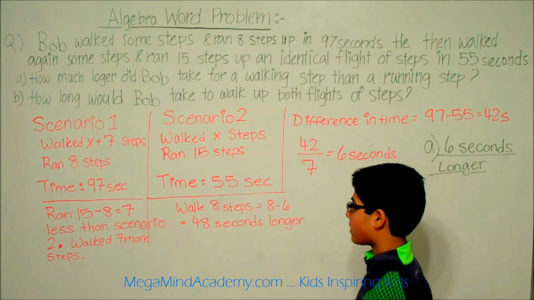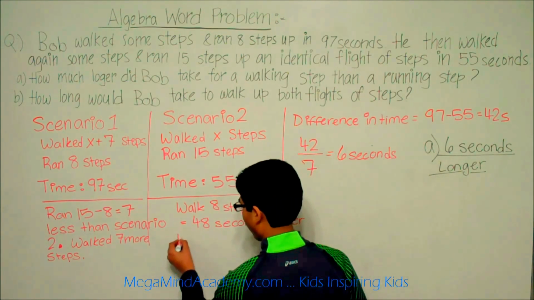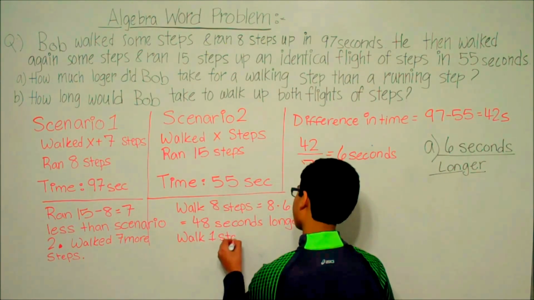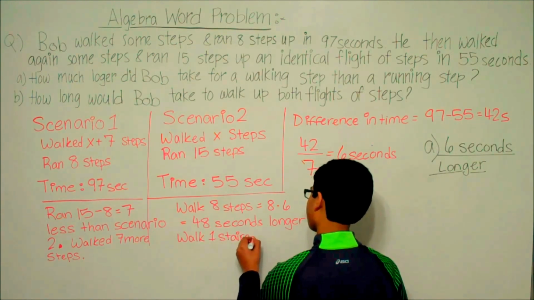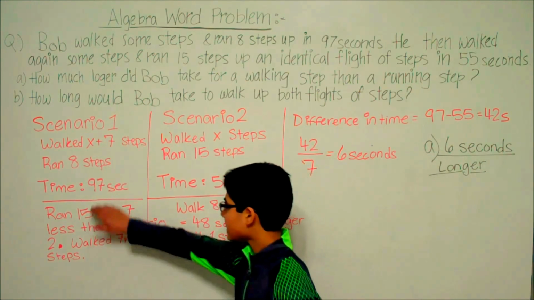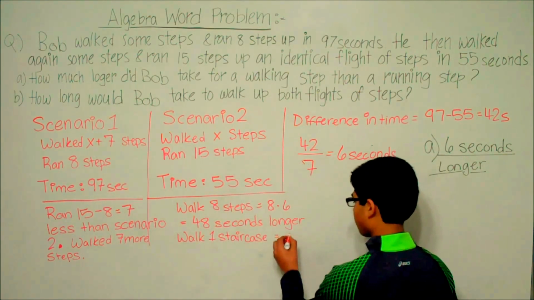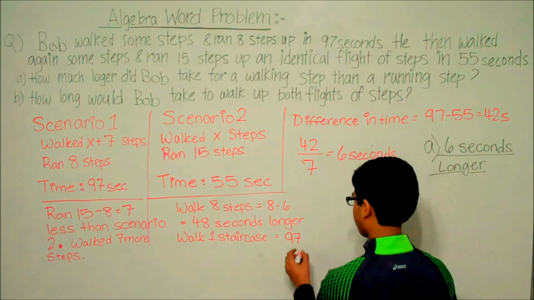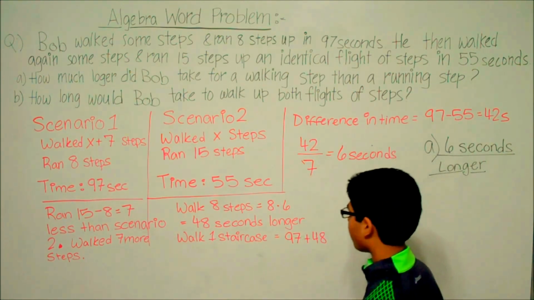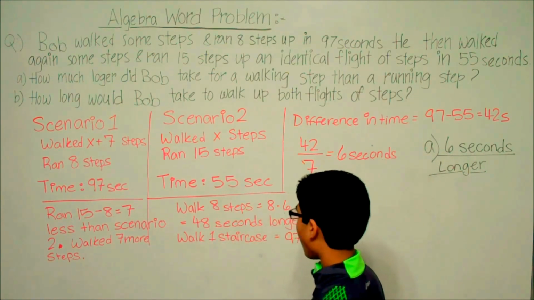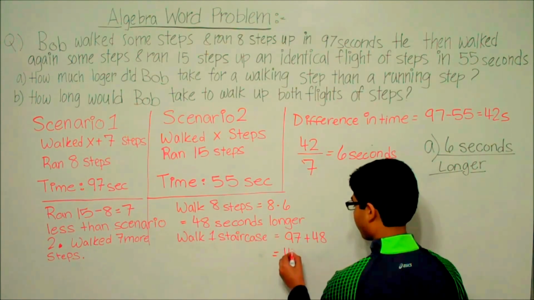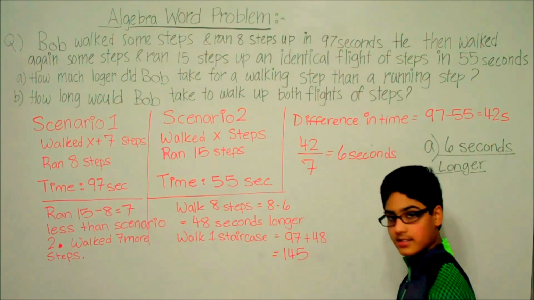So this means that to walk the whole thing, walk one staircase, he took 97 seconds plus the 48 seconds longer that it took to walk the 8 steps instead of run it, which is equal to 145 seconds.